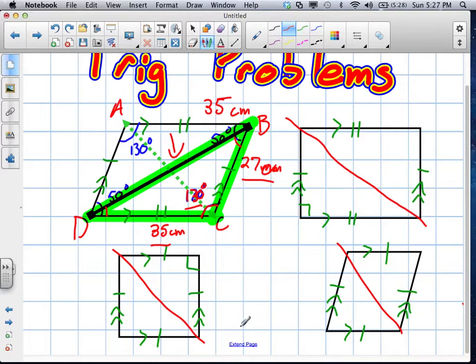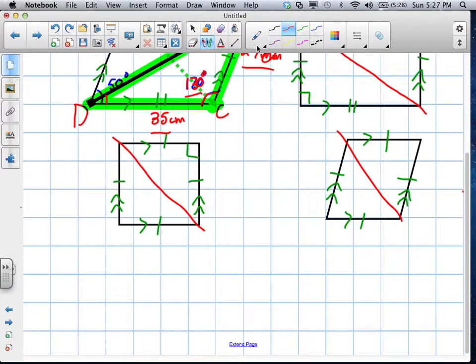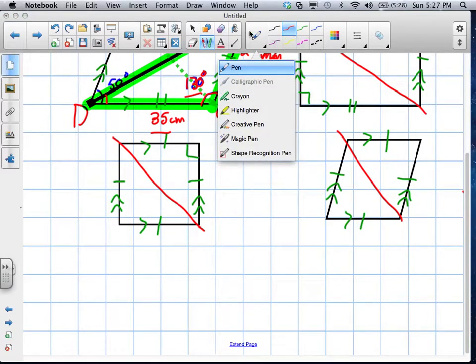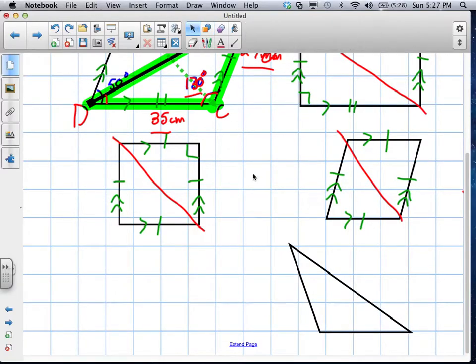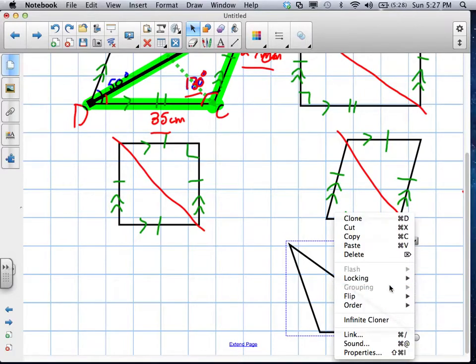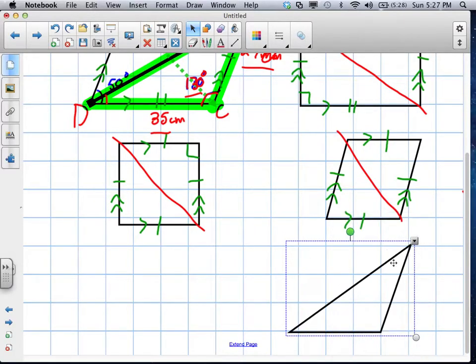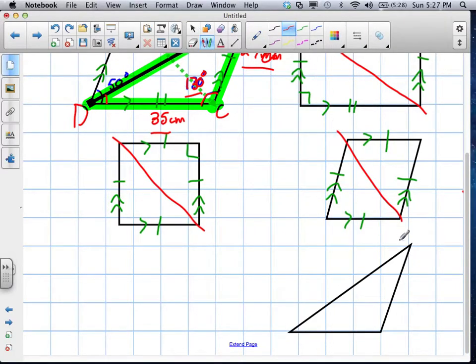Jump down. Our sine law states, and I'll just quickly recreate the triangle down here so we have a better reference point. There we go. Let's reference this again.